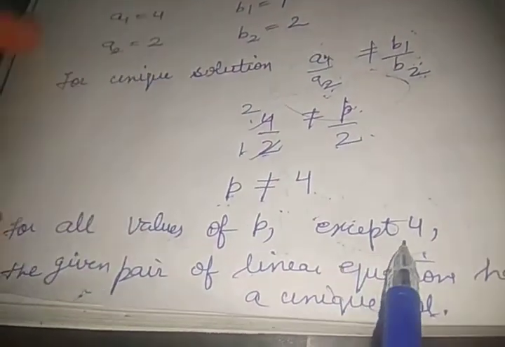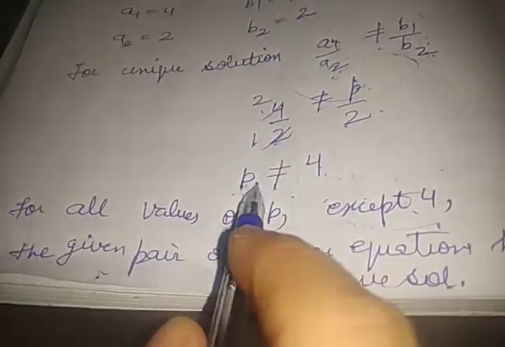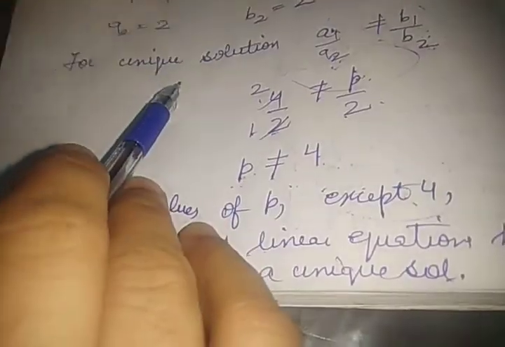Because p is not equal to 4, p cannot be equal to 4, so except 4, for all other values, the solution of these linear equations will be a unique solution for all values of p. So in this way you can find the value of an unknown from any pair of linear equations.